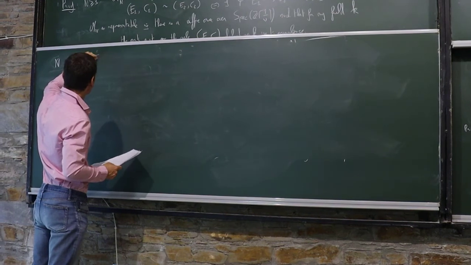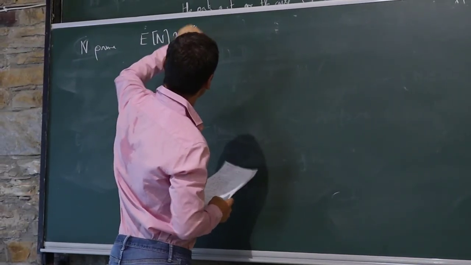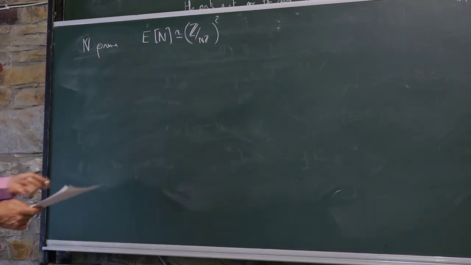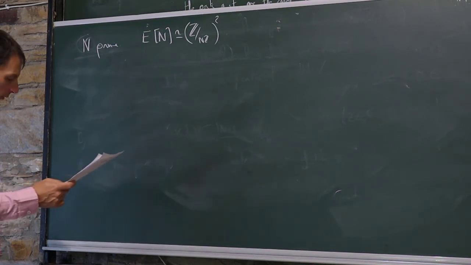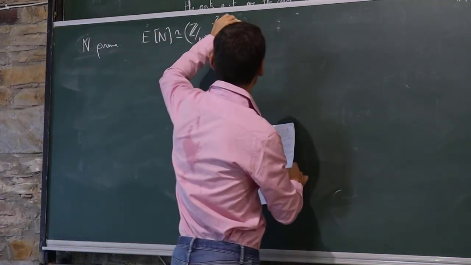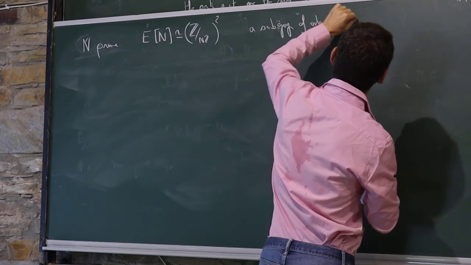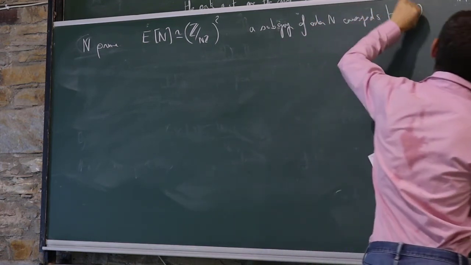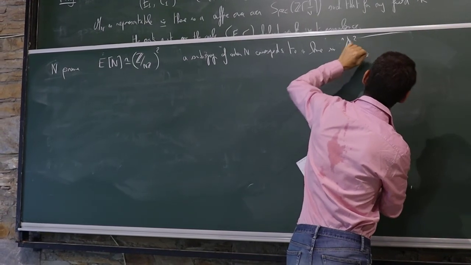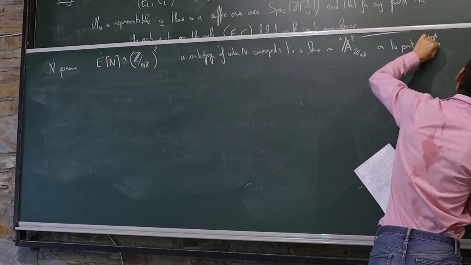We know that because p doesn't divide n, E[n] is actually (Z over nZ) squared. So choosing a cyclic subgroup of order n inside (Z over nZ) squared is like choosing a line in the affine plane A2 over Z over nZ, or a point in P1 of Z over nZ.